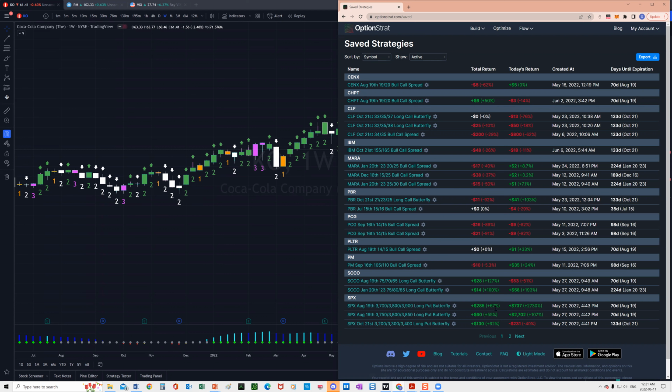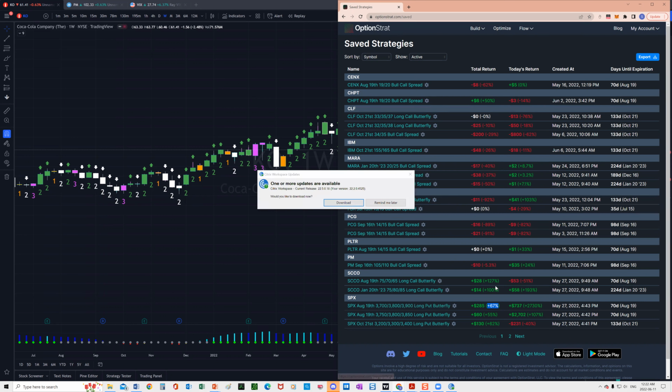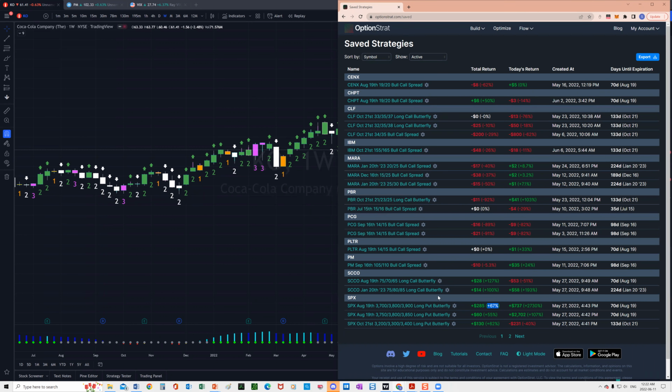Your total return here, you're still up 67%, and you've still got a long way to go, right? If you were to translate this over to SPY, it would be the 370, 380, 390 put butterfly. SSCO, you can see here, put a butterfly on a while ago, a couple of weeks, really, 127%, 100%.